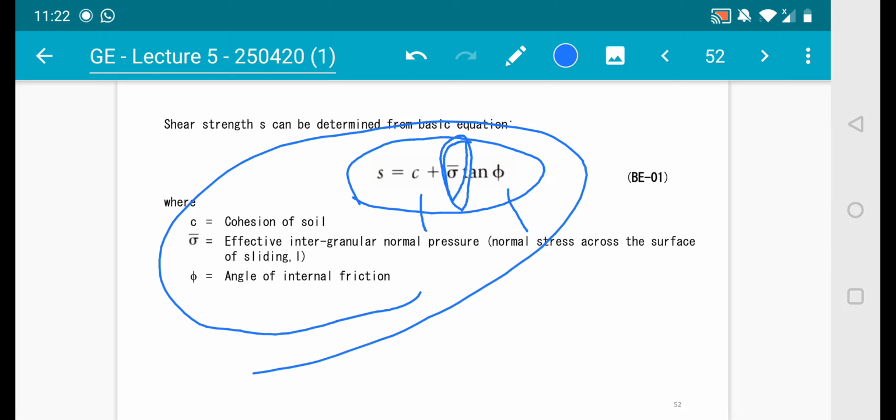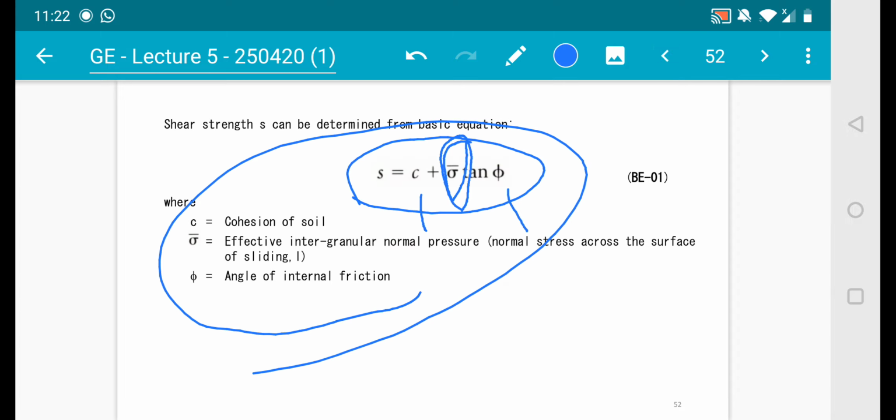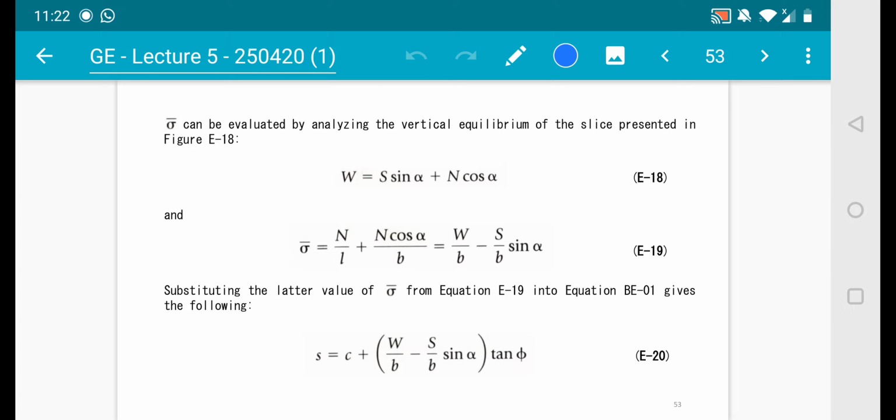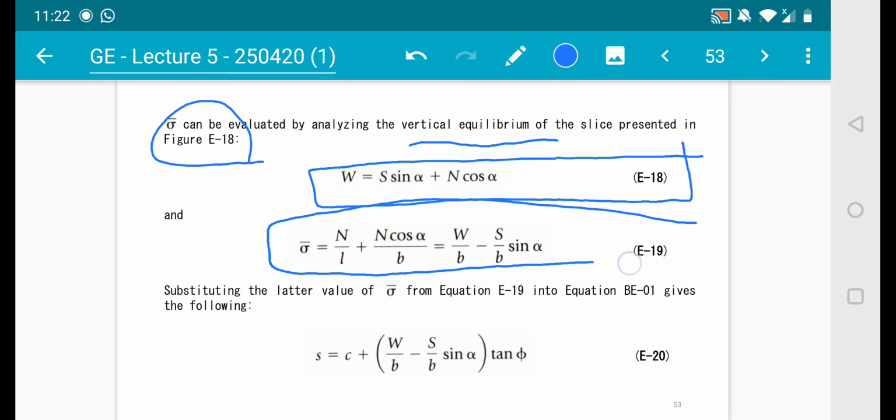So how are you going to find sigma prime? It can be evaluated by analyzing the vertical equilibrium, so another equilibrium approach from figure E18. You end up with equation E18, and then you proceed with equation E19.